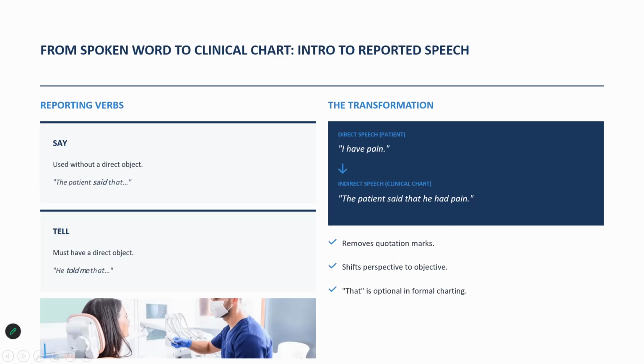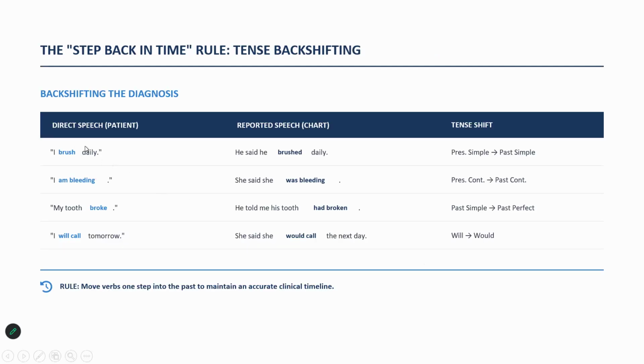Now, depending on the situation, you're going to make your back shifts. So if it's a present simple situation, I brush daily, you're going to shift backwards to past simple. He said he brushed daily. If it's a present continuous situation, you're going to shift from I am bleeding to a past continuous situation. She said she was bleeding.